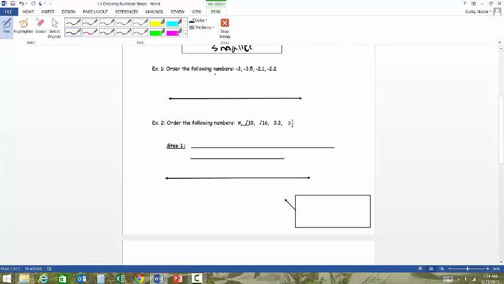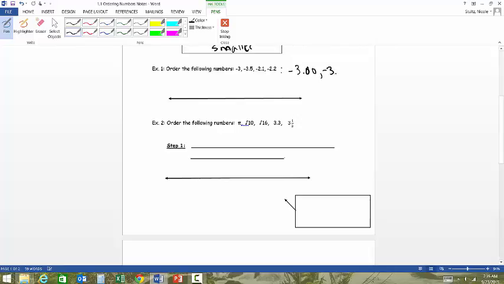So the first example, we're going to order the following numbers: -3, -3.5, -2.1, and -2.2. What I like to do is write all my numbers like money. That makes it easier for me to think of. So I'm just going to change -3 into -3.00.